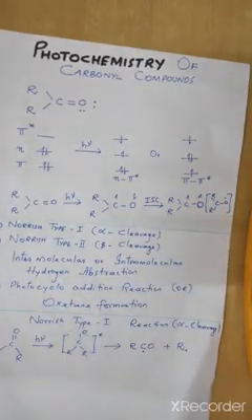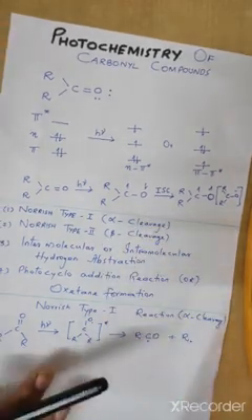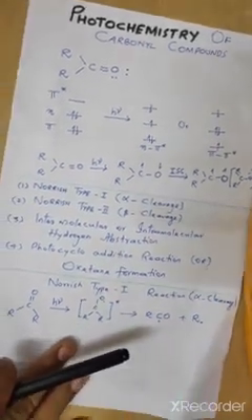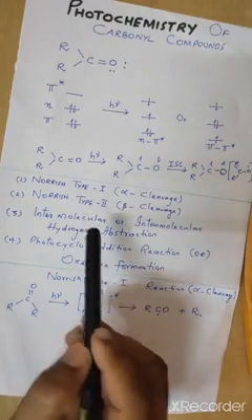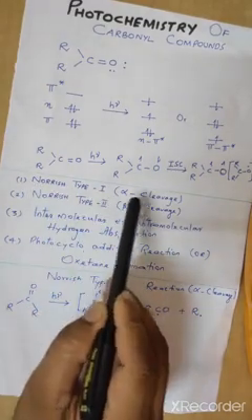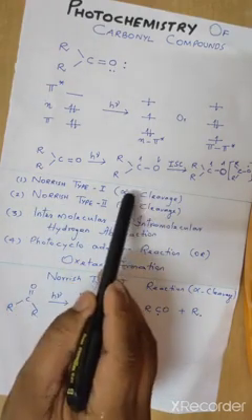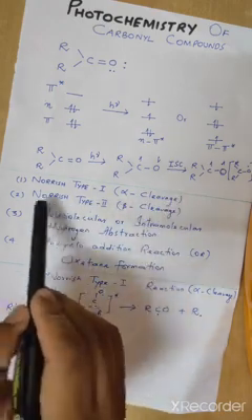Now, basically, carbonyl compounds undergo four different types of reactions. One is the Norrish type 1 reaction, that is alpha cleavage, also called homolytic cleavage.